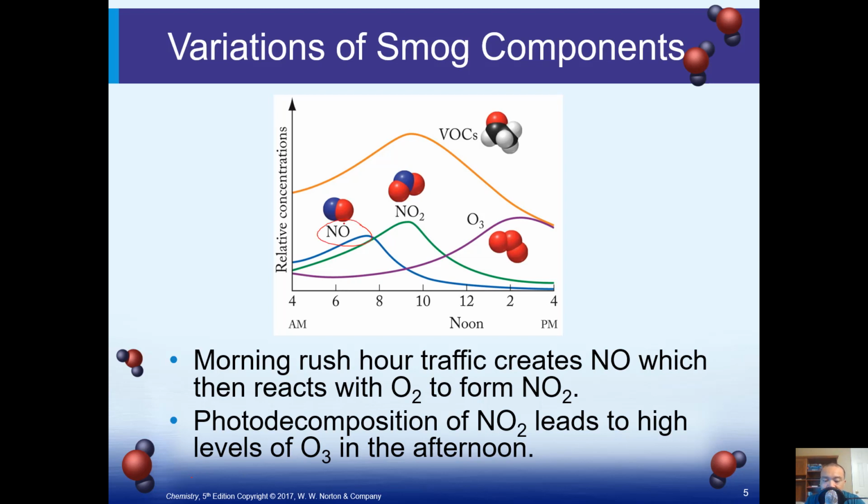As nitrogen monoxide is converted to nitrogen dioxide, the concentration of nitrogen dioxide increases and the nitrogen monoxide decreases. Later in the day, sunlight breaks down the nitrogen dioxide to form free oxygen atoms, which then react to form ozone. That's why ozone concentration increases during the afternoon.